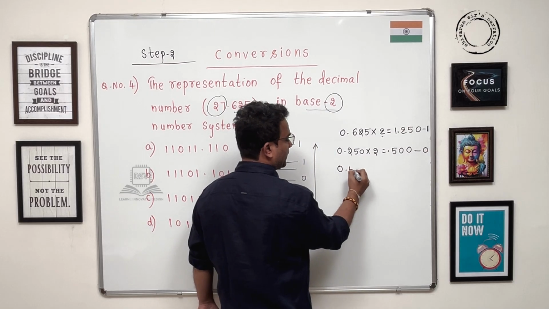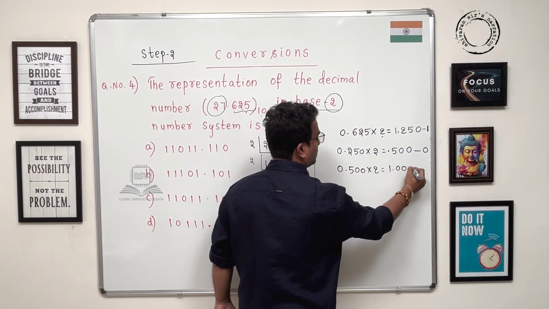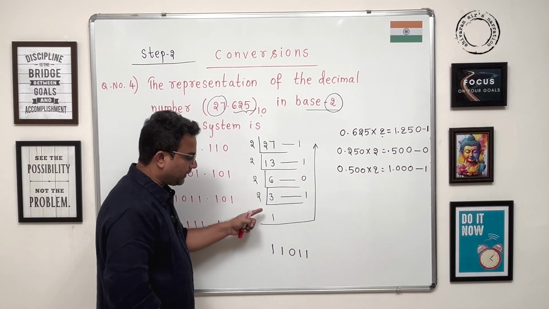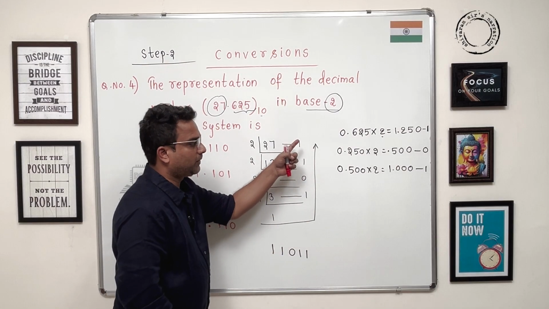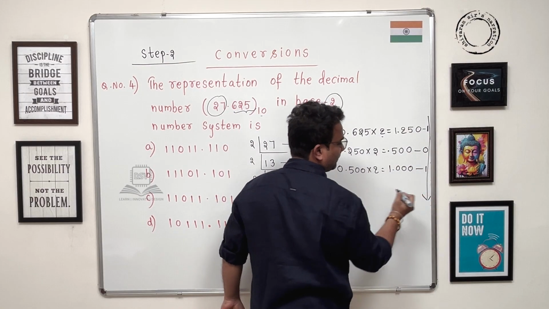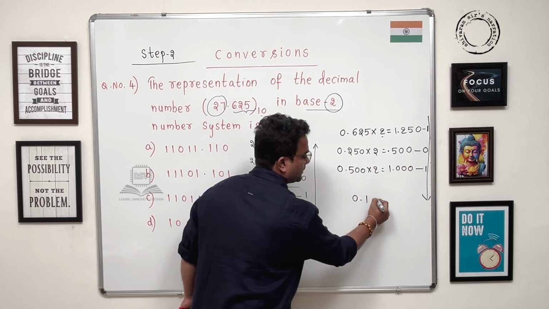Now again 0.500 into 2, then we will get 1.000. It is 1. And here in the integer part we went from bottom to top, but here you need to go from top to bottom. Therefore, it is 0.101.